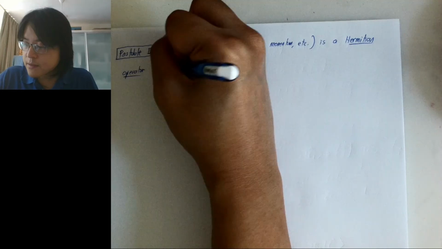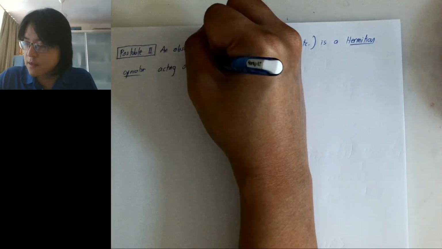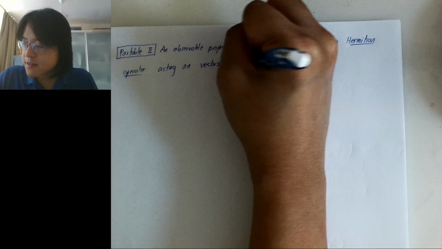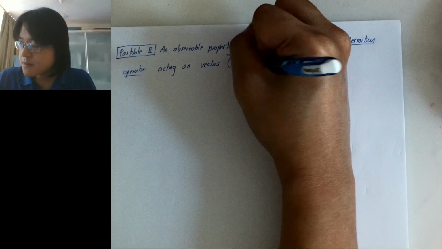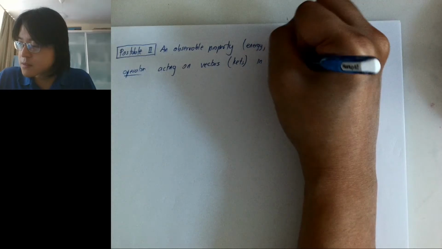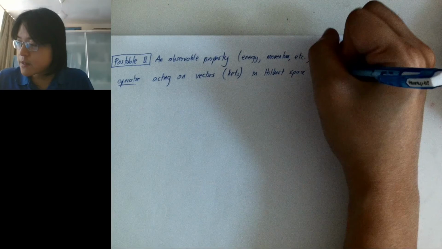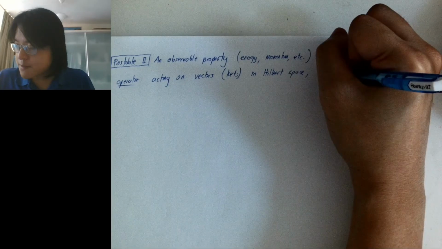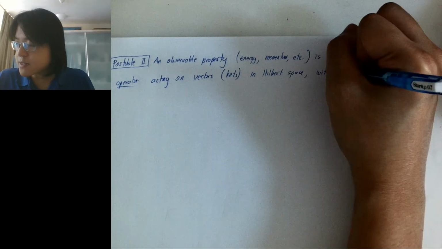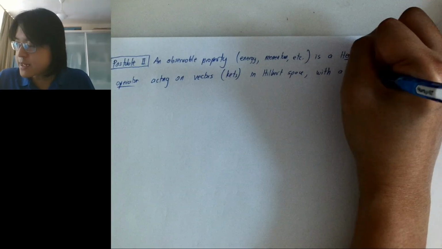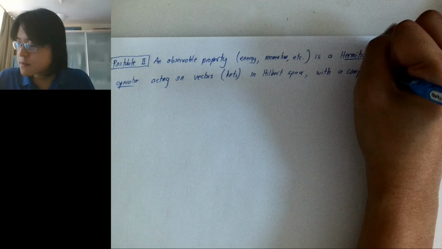acting on vectors in Hilbert space, right? But now we are calling these vectors kets, plural, in Hilbert space. Okay, and then there's more statements here. I will explain each part of the sentence after I finish writing, with a complete set.